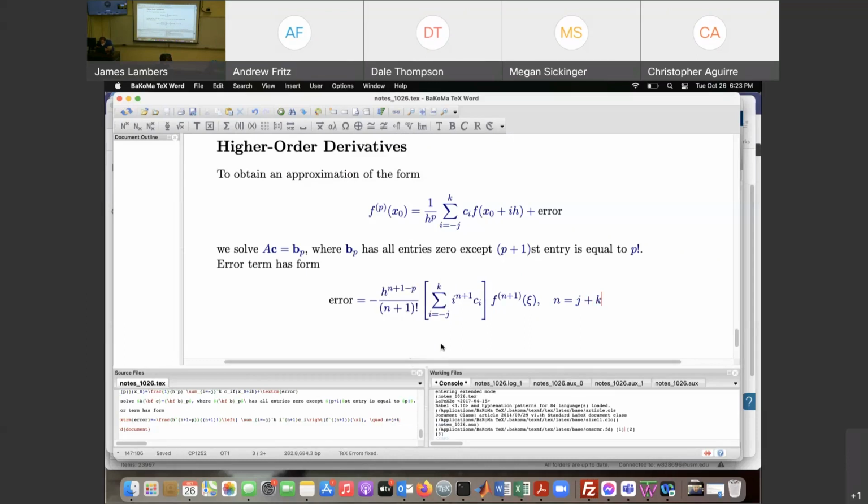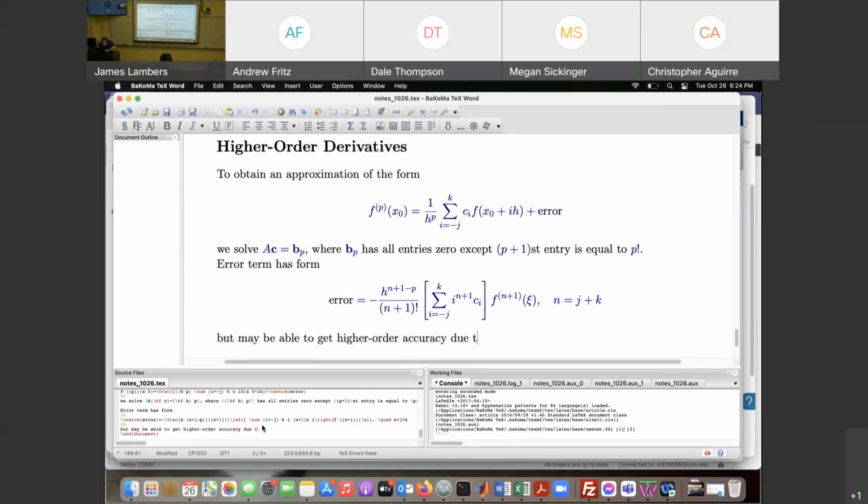Okay, I need to think about this for a second, because as an example, suppose I said j and k both equal to 1, and I want the second derivative. So that's going to be a center difference approximation. This would suggest first order accuracy, but the thing that I have to be careful about is symmetry.